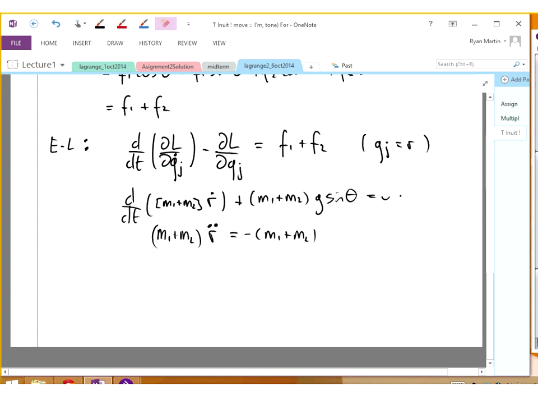That's equal to F1 plus F2. So moving everything that's not accelerations to the right, I have F1 plus F2 minus (m1 plus m2) g sin theta.